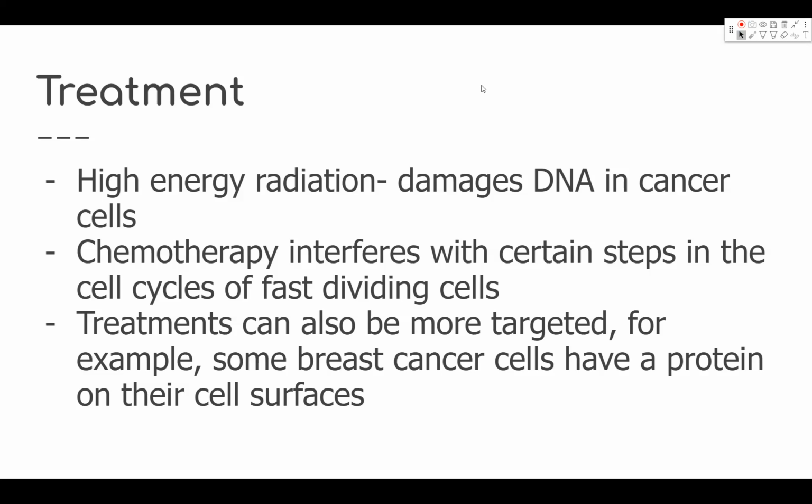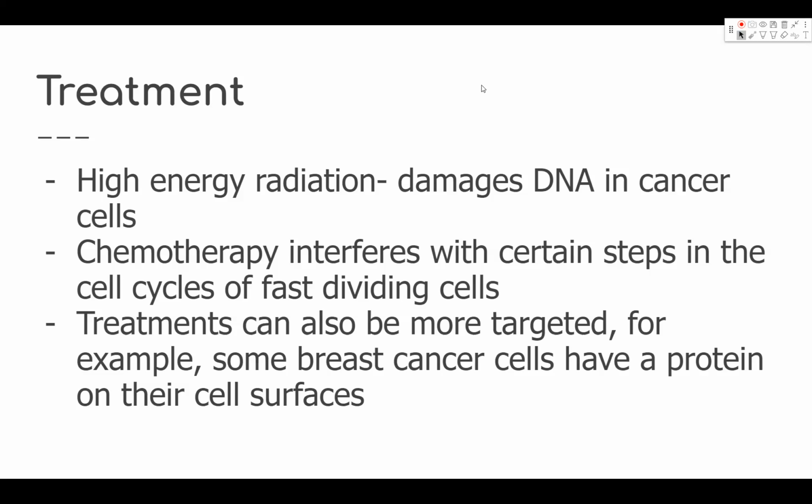Chemotherapy is kind of the most well-known treatment for cancers, and the way it works is super interesting. Chemotherapy interferes with certain steps of the cell cycle, specifically in cells that divide very quickly. So if cells divide really quick, chemotherapy goes in, and it's like, hey, stop that process.